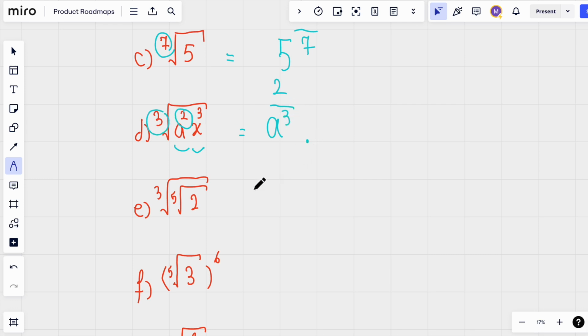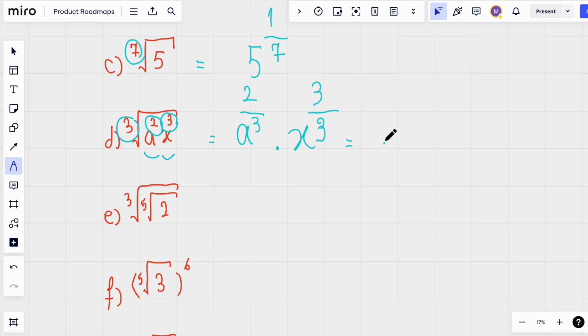We're going to do the same thing for x as well. X to the power of, the numerator is going to be the same power that x had underneath the radical over, one more time, the index. If I simplify that, I'm going to look at a to the power of 2 over 3 multiplied by x to the power of 1, which is just x.